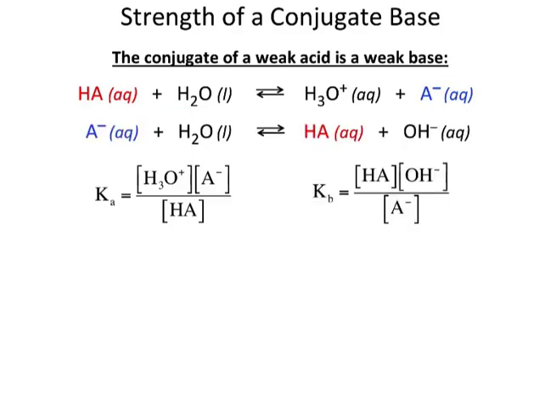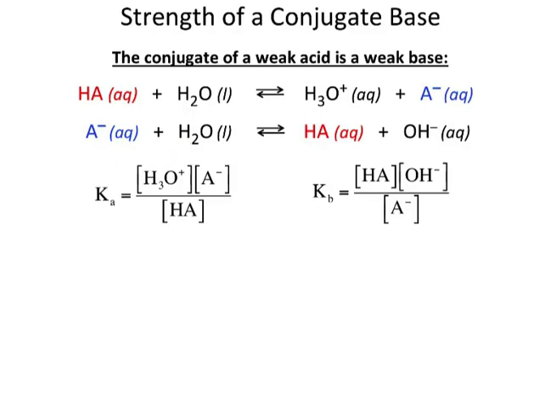So you can also write A- as a base in its own equation. And this equation is the definition of Kb. You take a base and water, and it protonates the base. In this case, it turns it into a neutral species from a negative species, but you still added a proton. The proton is donated from this water to this A-, so the water's the acid, and the A- is the base, and then you get the conjugate acid over here on the right.